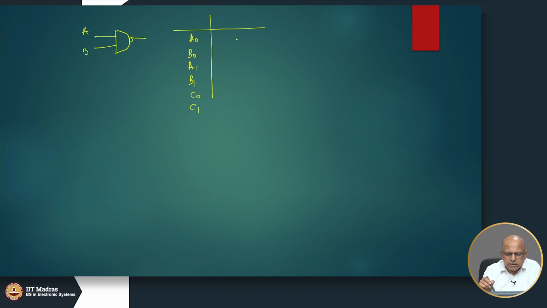We argued that for A0 we have to apply 1 1, a good circuit will produce a 0, a bad circuit will produce a 1.